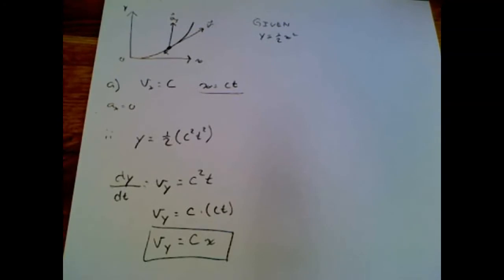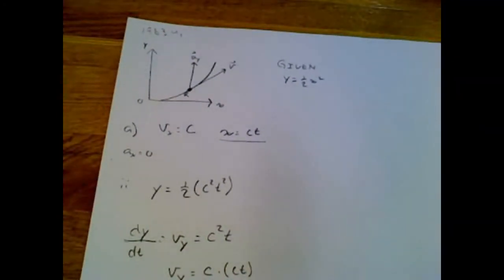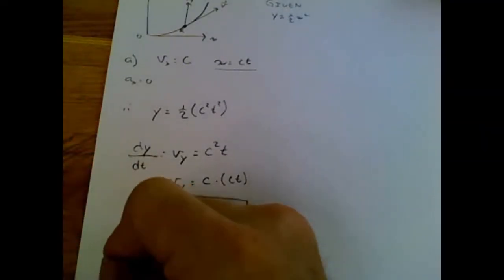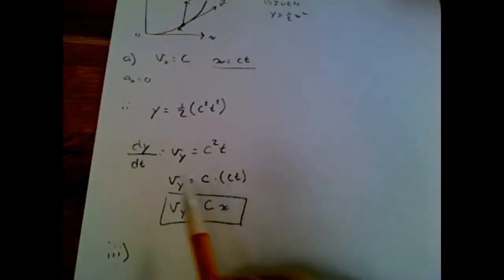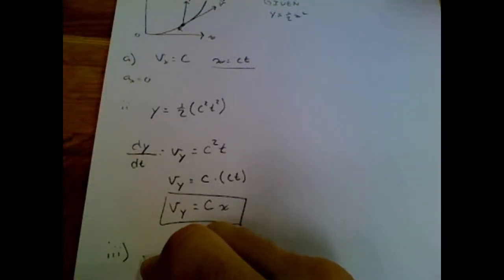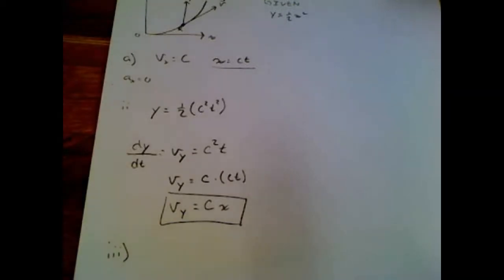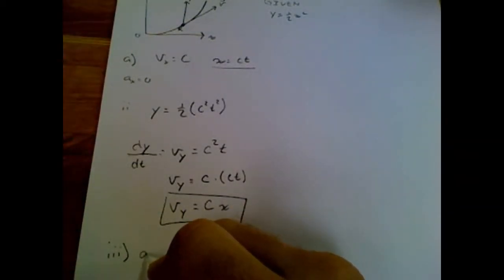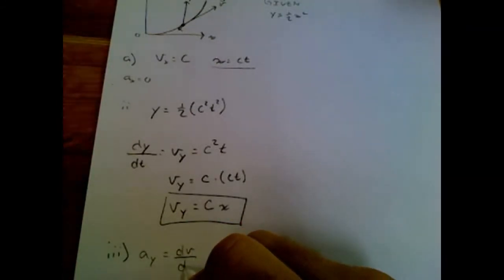Now, Roman numeral 3 asks for the acceleration. We know there's an acceleration in the y direction based on my graph. So Roman numeral 3 asks for my acceleration in the y direction. Well, I know dy/dt is velocity. I know acceleration is the derivative of velocity. So I can say my acceleration in the y direction is dv/dt.